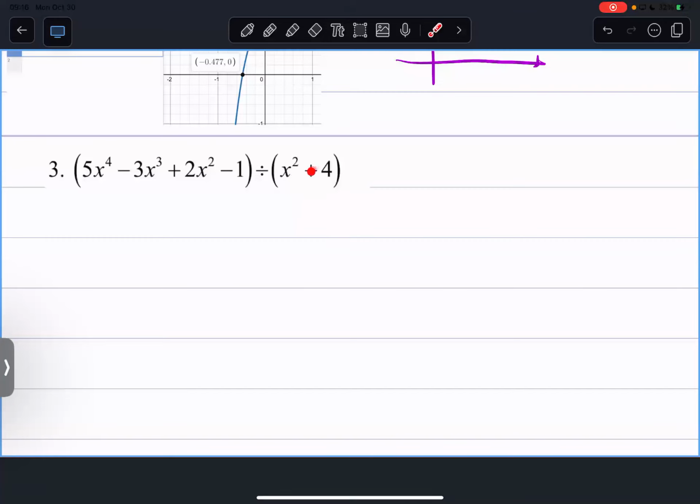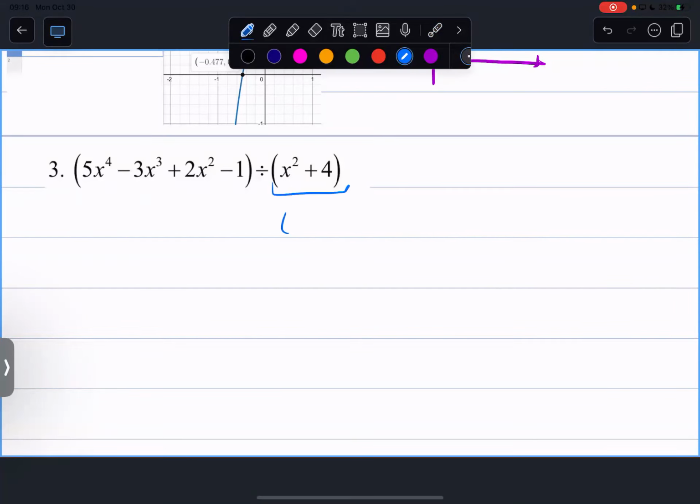Or what's another thing that you could do to tackle this, right? You could say our trusty factor theorem, right? If we have x squared plus 4, then I could maybe rewrite this as x has to add to 0 and multiply to plus 4. Right?